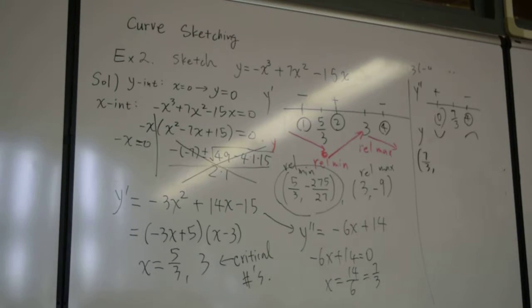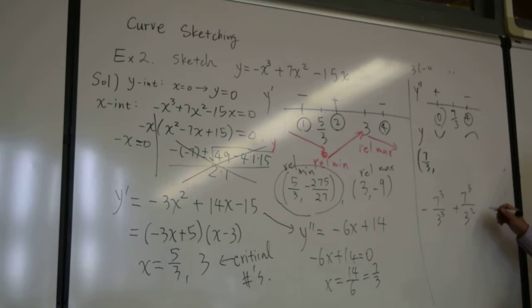Let's see. 7 over 3, 7 cubed, 3 cubed, plus 3 squared, 7 cubed. I don't like fractions. I don't like decimals.